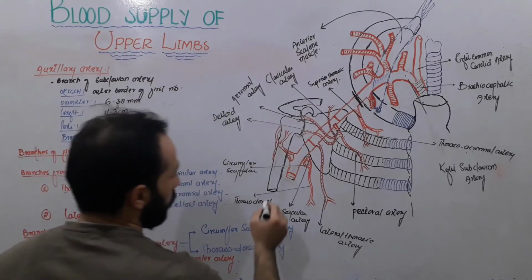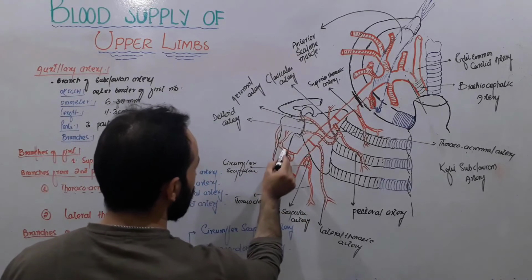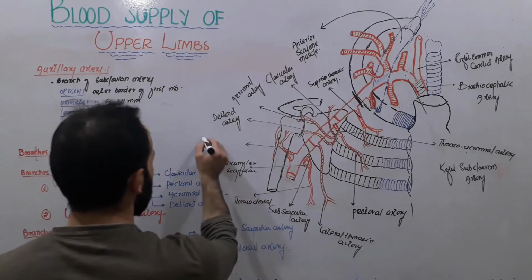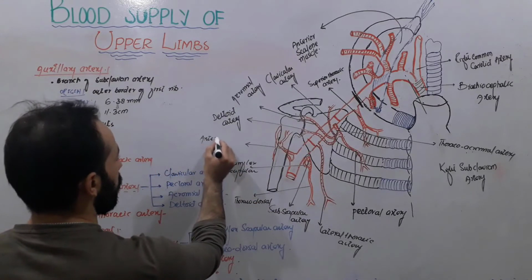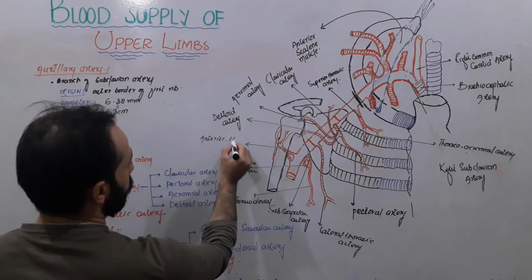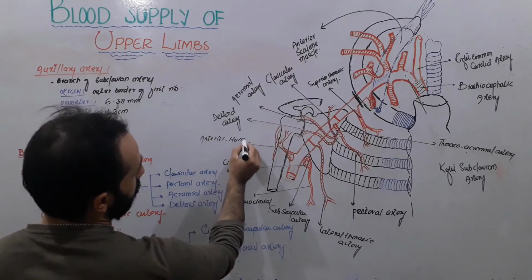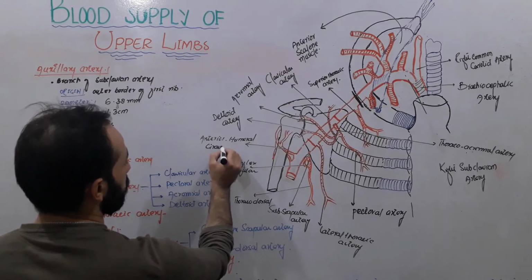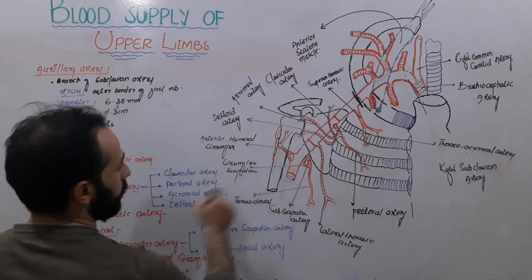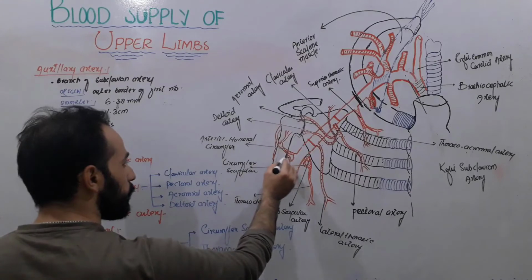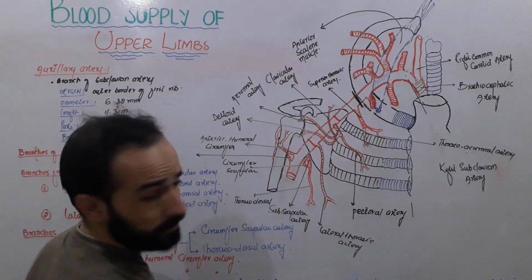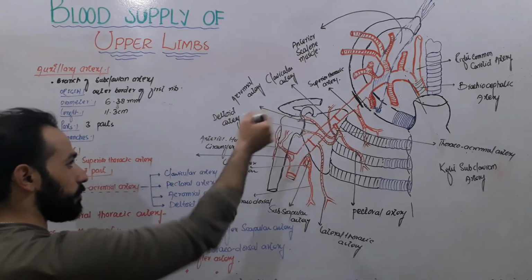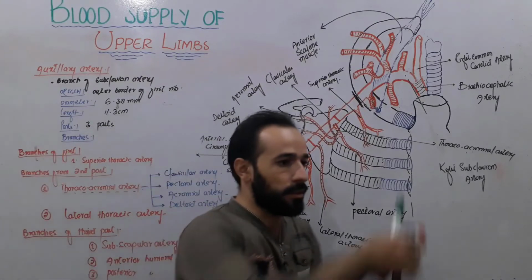Okay friends, now look, this is our anterior humeral circumflex artery, and this one is our posterior humeral circumflex artery, and it comes from the posterior side like this, right?